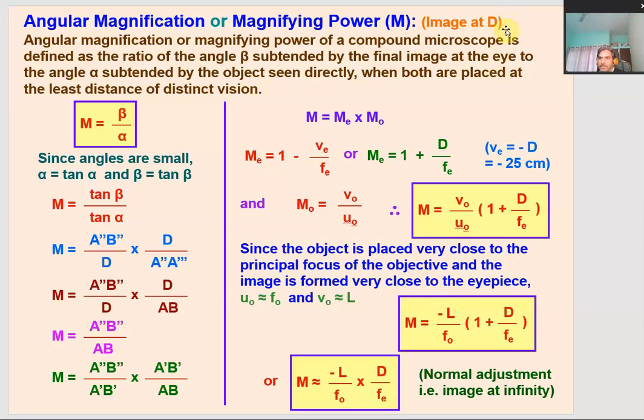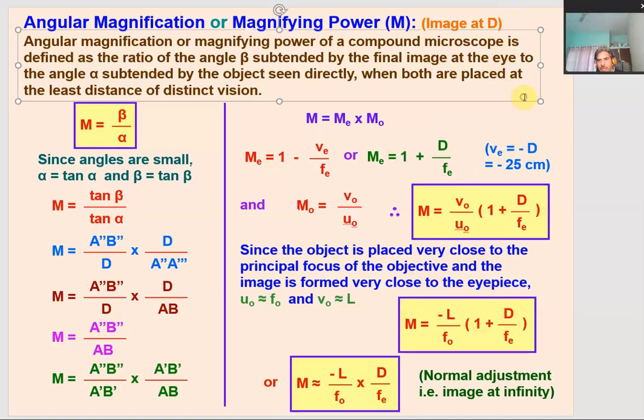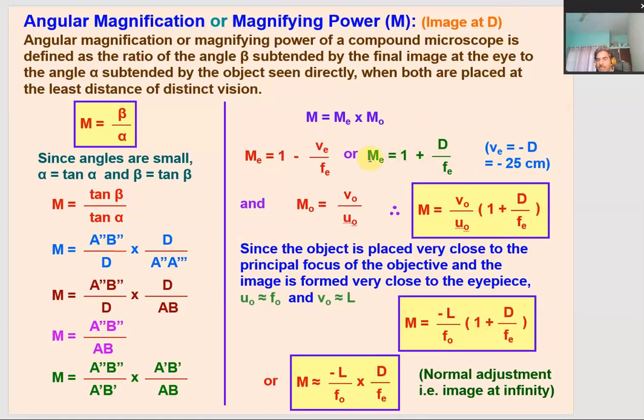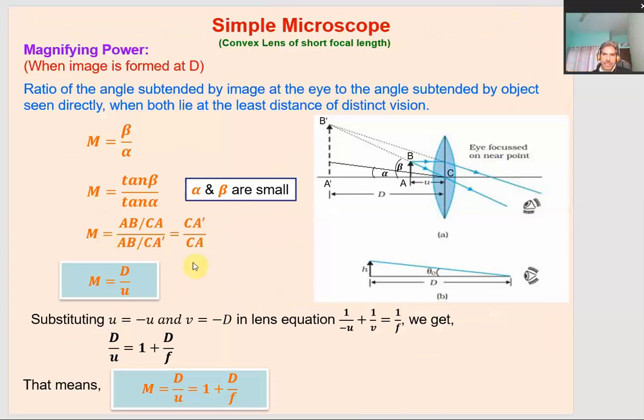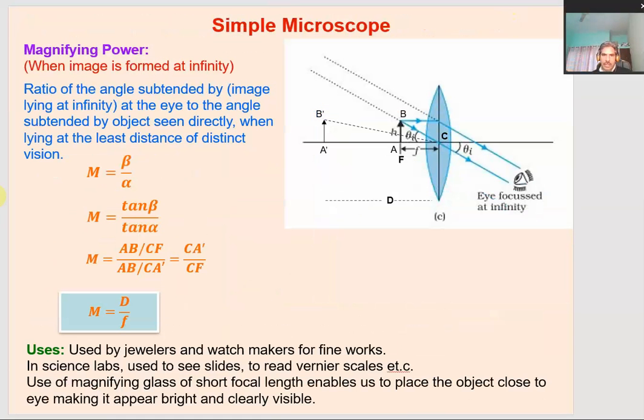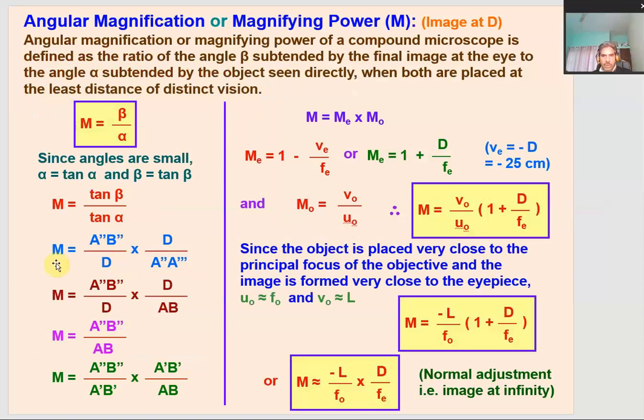But if the final image is formed at infinity, we make use of the other formula, as we discussed for the magnification produced by the eye lens. This is the second case. When the final image is formed at infinity, the magnification by the eye lens is simply d upon f, so we substitute me to be simply d upon fe. All other terms remain the same.